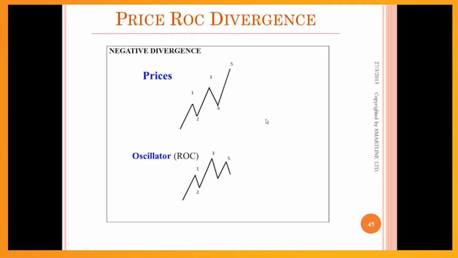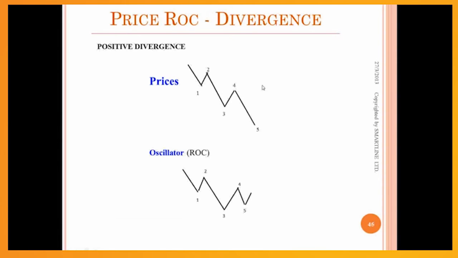We can see this kind of divergence in many oscillators, but allow me to cover it only on this one, the price rock. We have a positive divergence when the prices are still going lower and the oscillator fails to confirm this powerful movement down. Actually, we go lower without selling power.